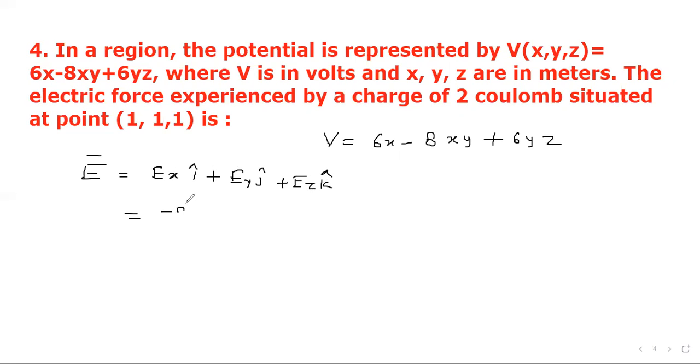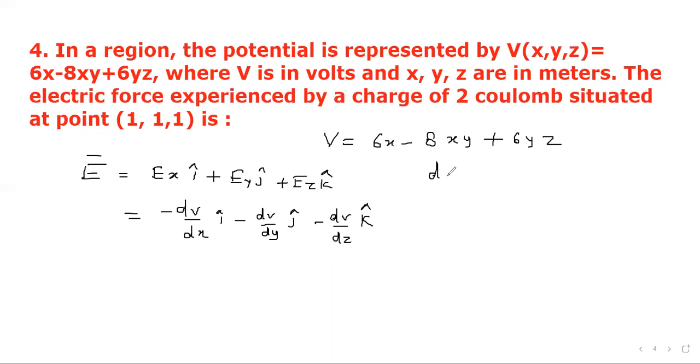And E x is minus dB upon dx i cap minus dB upon dy j cap minus dB upon dz k cap. Now we try to get the values of dB upon dx, dB upon dy, and dB upon dz.